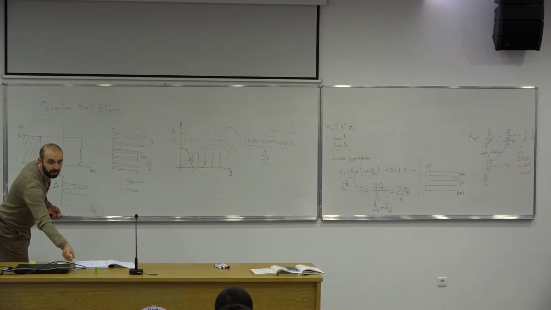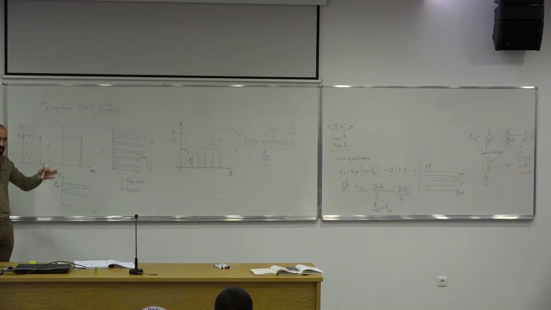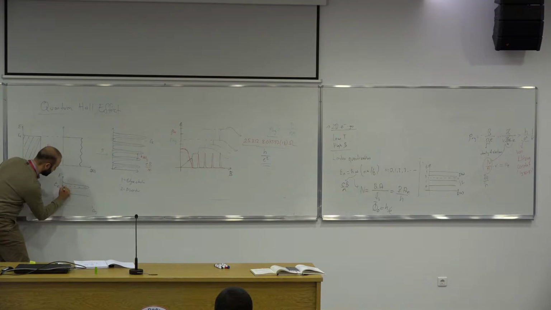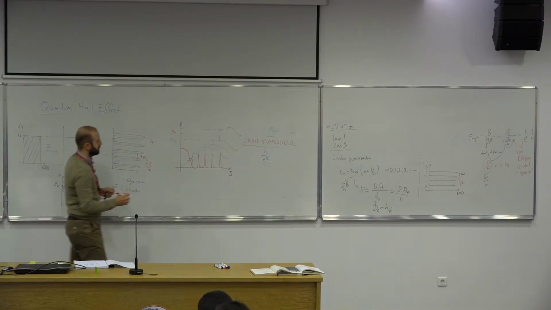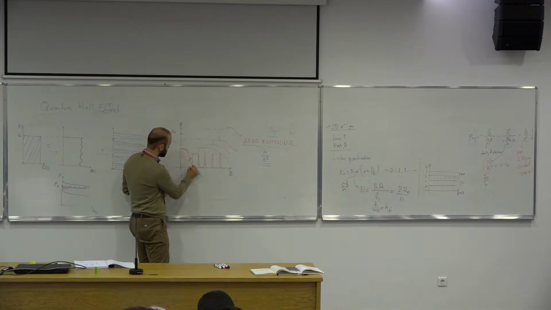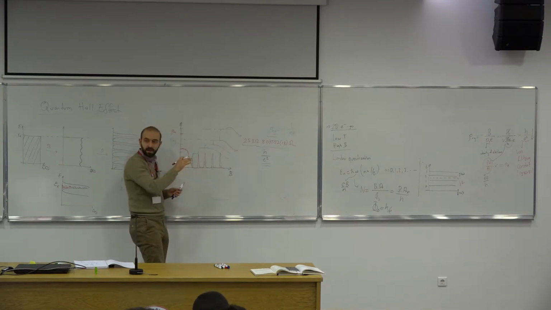So now, rather than a single level with multiple degeneracy, I have a level that will be partially filled as I cross through the Fermi level. So this is like the conduction band, right? I have lots of extra available states here. So this means there will be conductivity, and this explains why this resistance in the xx actually drops.